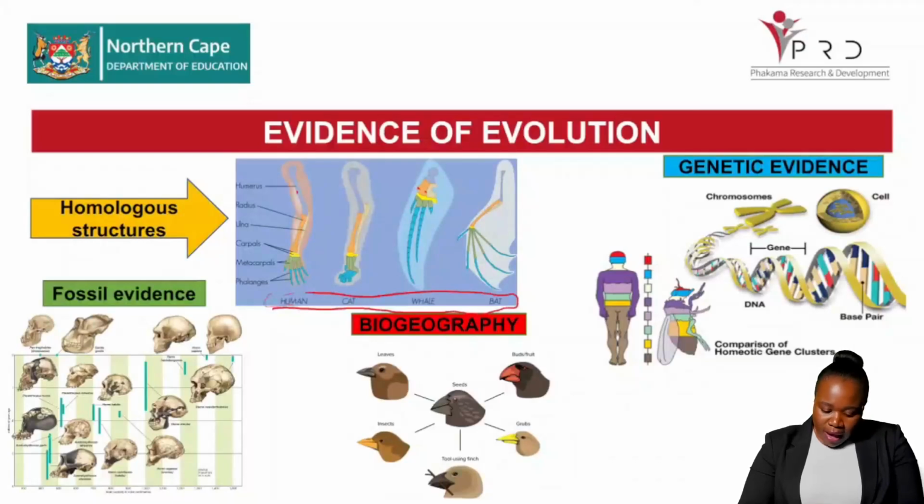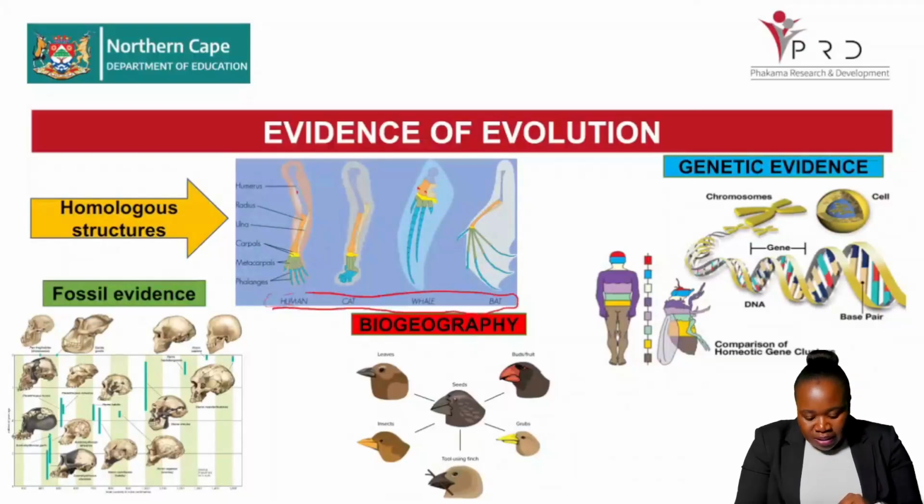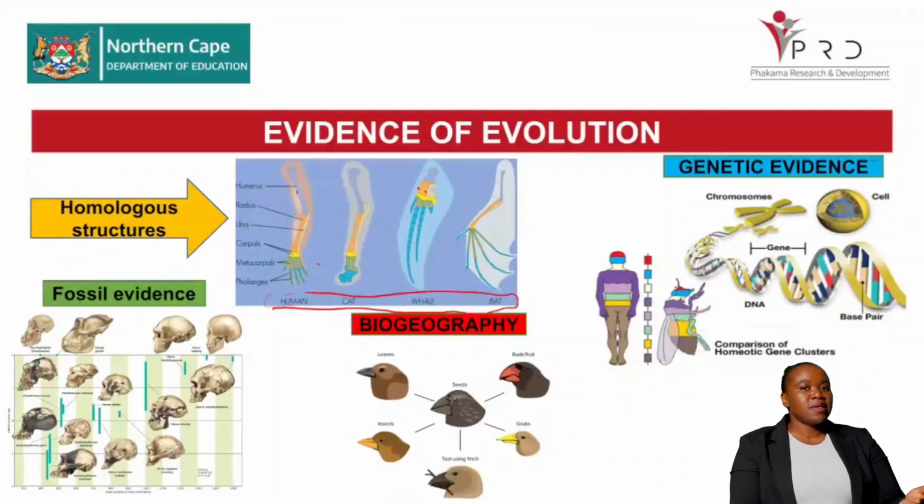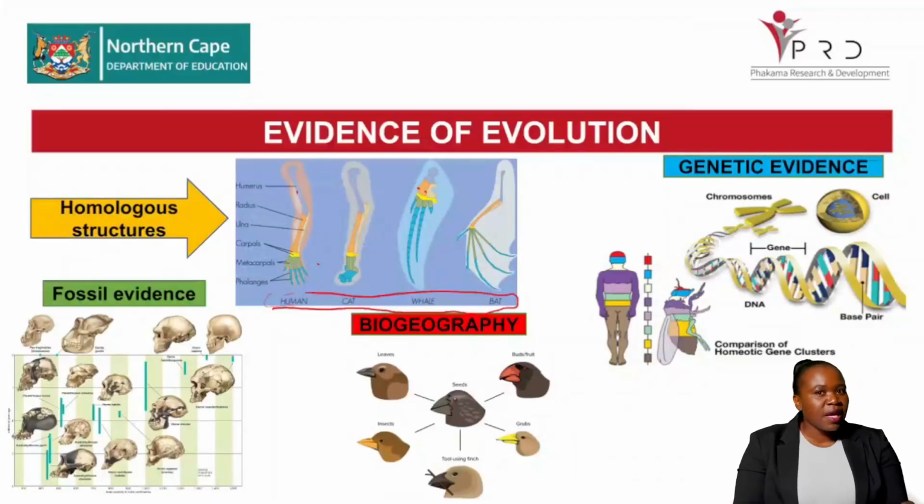They all have the carpals, the metacarpals, as well as the phalanges. However, these 4 organisms are different, and they use these limbs for different functions. Because, for example, humans use this for holding, cats use this for walking, the whales for swimming, the birds for flying. So different functions, but the same basic structure, which shows us that there is some relationship there.